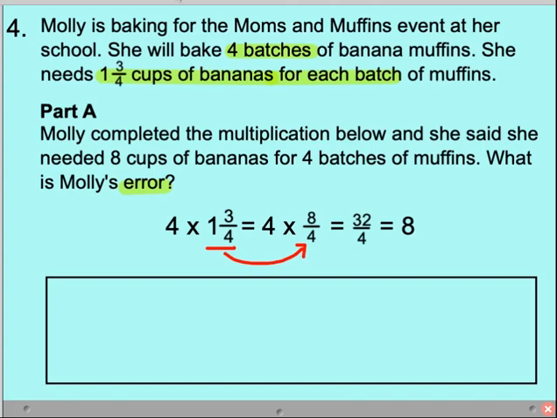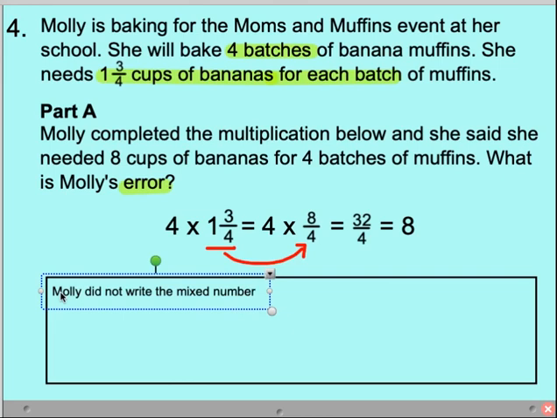So I guess we need to write down Molly did not write the mixed number 1 3/4. I know it looks funny when I type it out like that, but this is the 3/4, okay? So 1 3/4 as a fraction correctly.